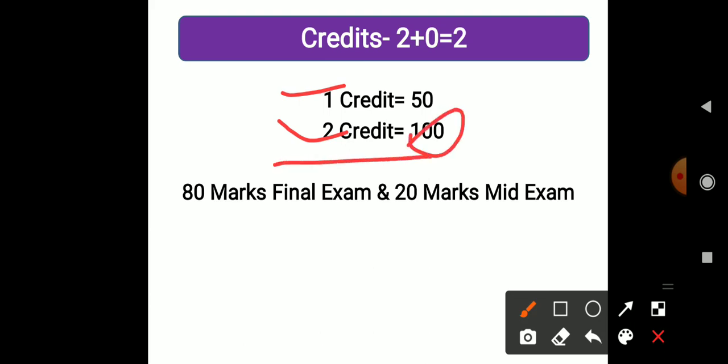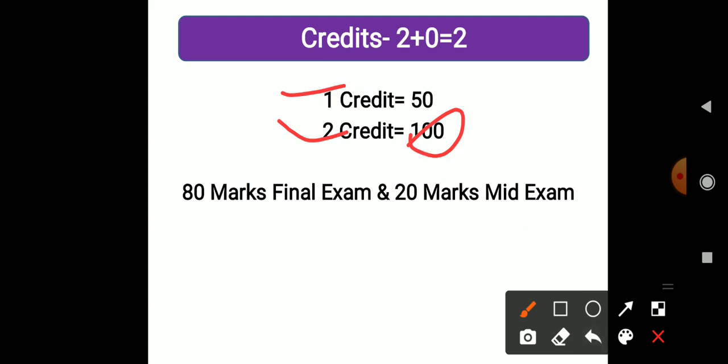The distribution of this 100 marks is 80 marks for the final examination and 20 marks for the midterm examination. There is no practical in this course.